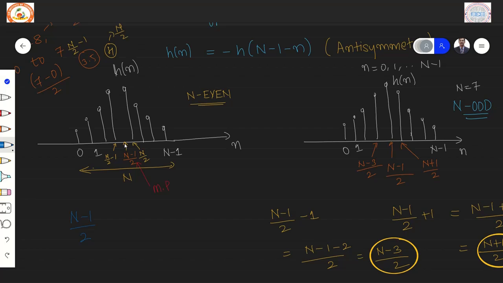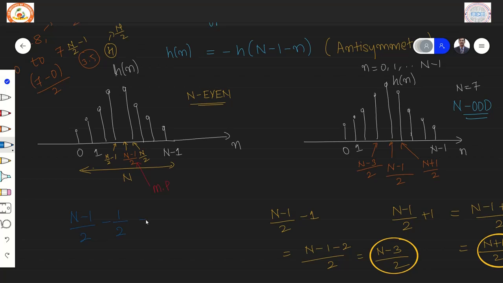So if we are going back, we should cover half a step. Therefore, if I want to calculate the previous value, I can subtract 1 by 2. This is half a unit, since the entire thing is 1 unit.